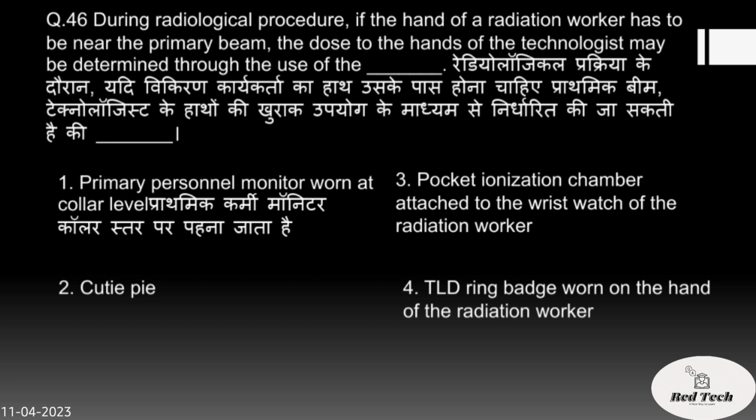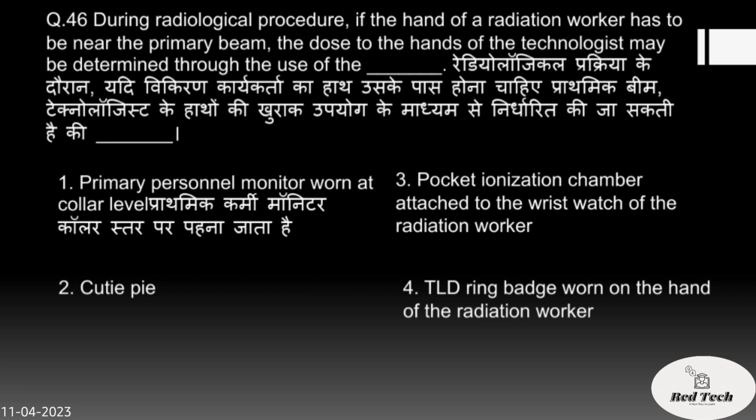The options are: option 1 is primary personal monitor worn at collar level, option 2 QT pie, option 3 is pocket ionizing chamber attached to the wrist watch of the radiation worker, and option 4 is TLD ring badge worn on the hand of the radiation worker.